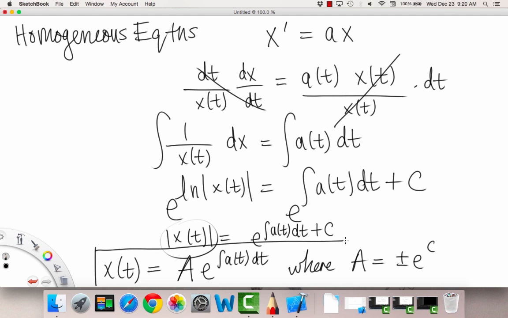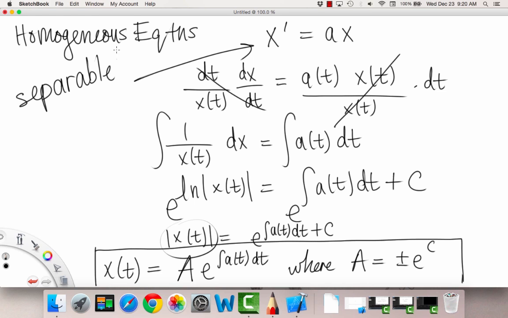So this is the kind of solution that we would get here, and again, I'll write the word separable, because it is separable, right? That means it's a separable kind of equation, all right?